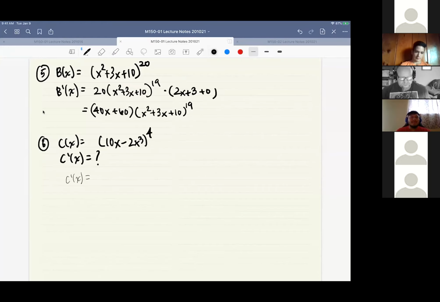All right, so Andre typed this: 40x minus 24x squared times the quantity 10x minus 2x cubed, cubed. All right. Ali, is that what you got? Yes, but I got 8x, not 24x. But I think that might have been just a multiplication problem.